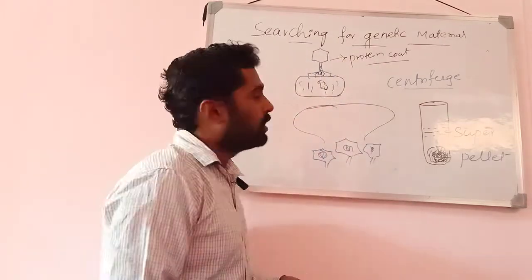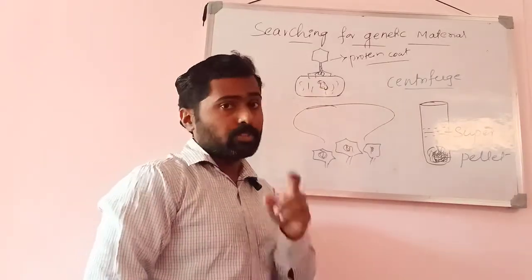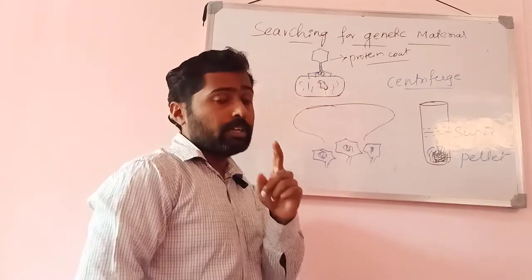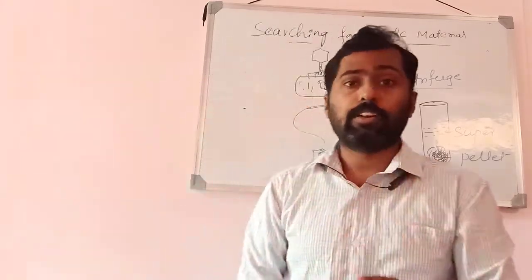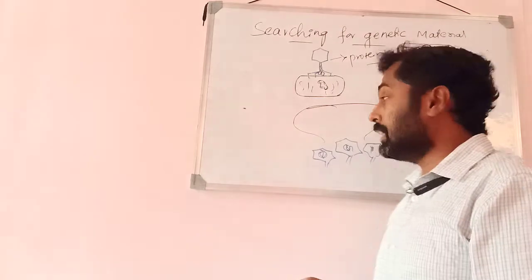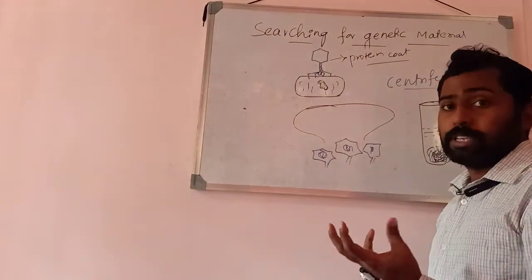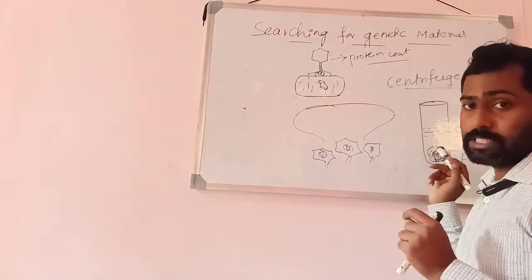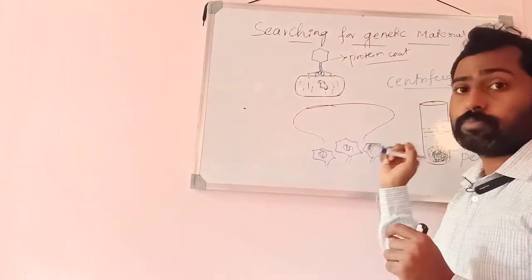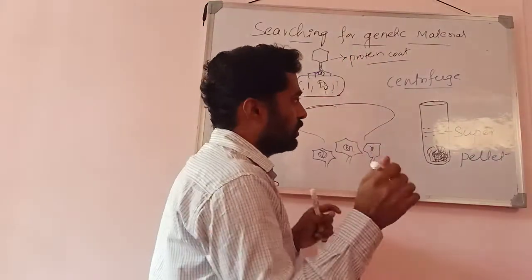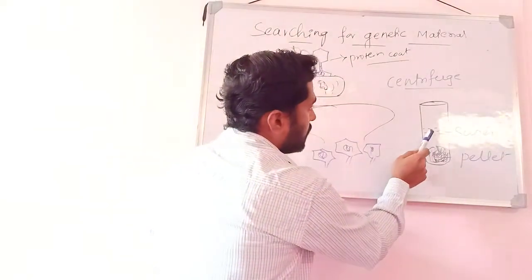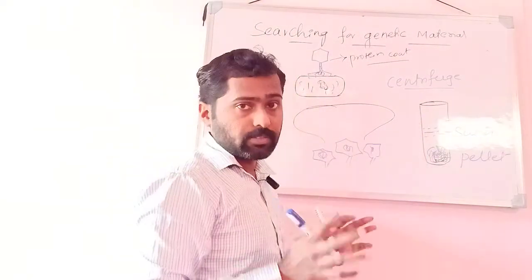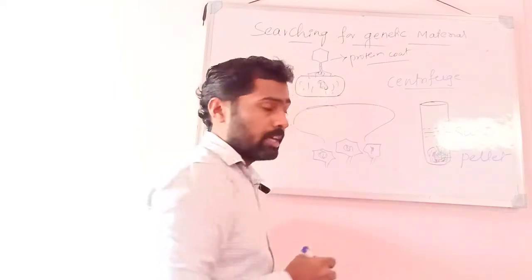DNA is more dense. When they observe for radioactivity, just remember the radio-labeled phosphorus and sulfur, P32 and S35. When they observe for radioactivity in the pellet as well as the supernatant, only the pellet shows radioactivity, but the supernatant does not. Just recall here, the supernatant does not show radioactivity, only the pellet does.